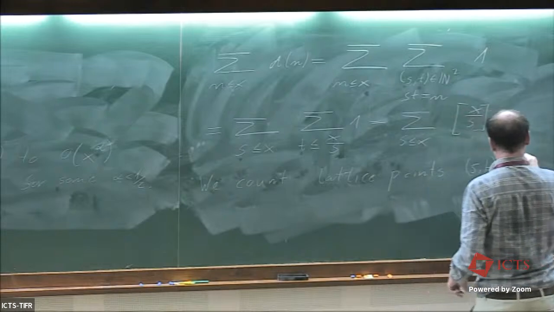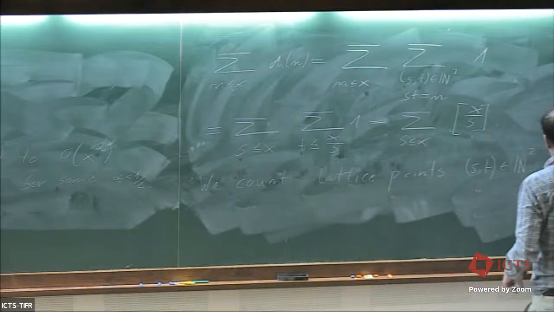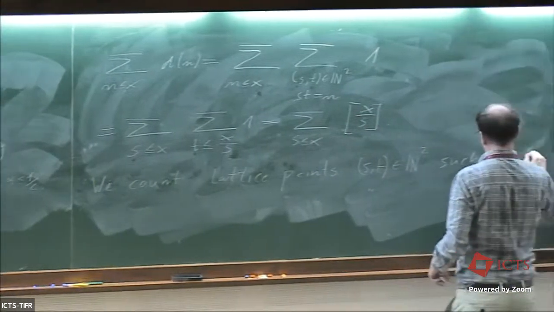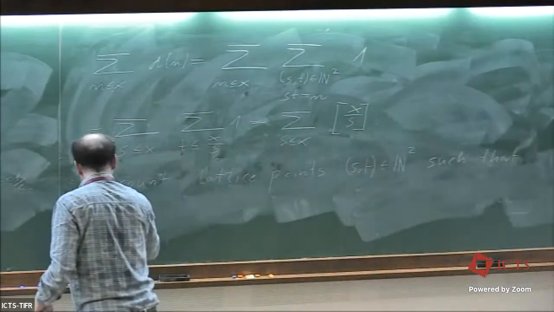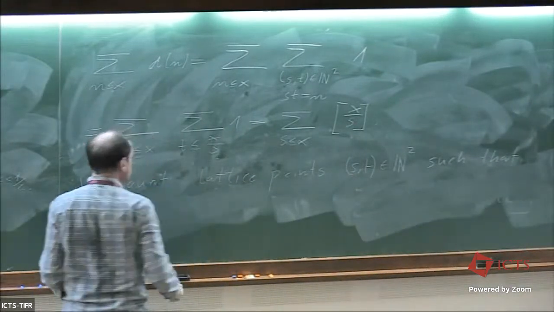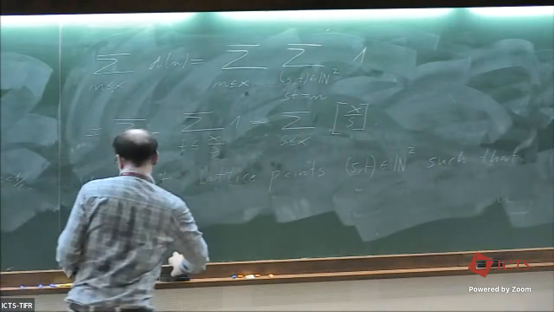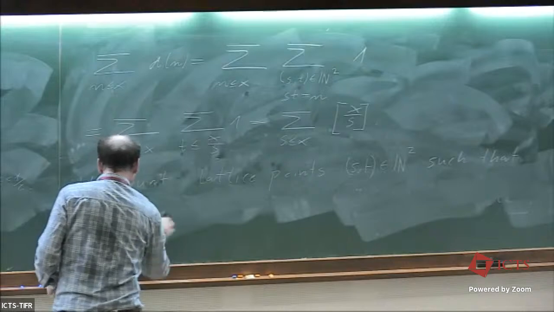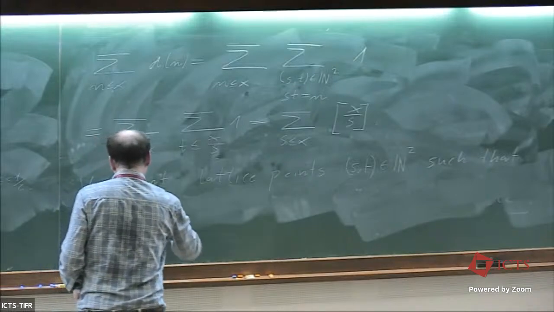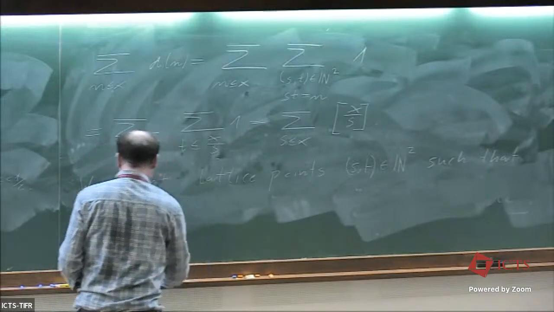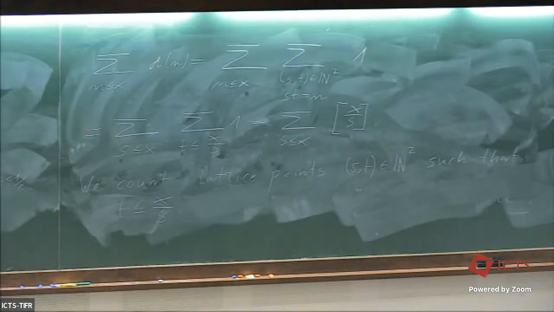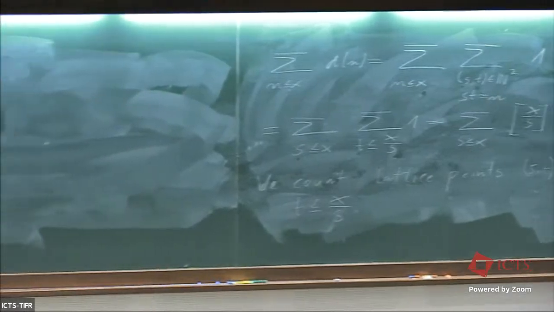We count lattice points (s, t) in the square such that the product is less or equal x. In other words, t is less or equal x divided by s. That allows for a nice geometric picture. Take the hyperbola t equal to x divided by s.